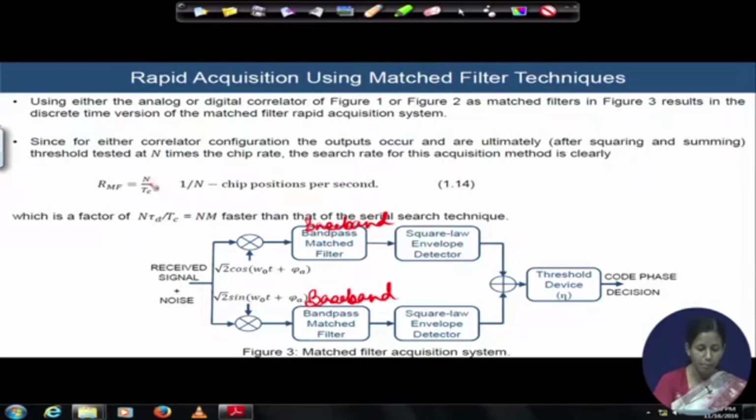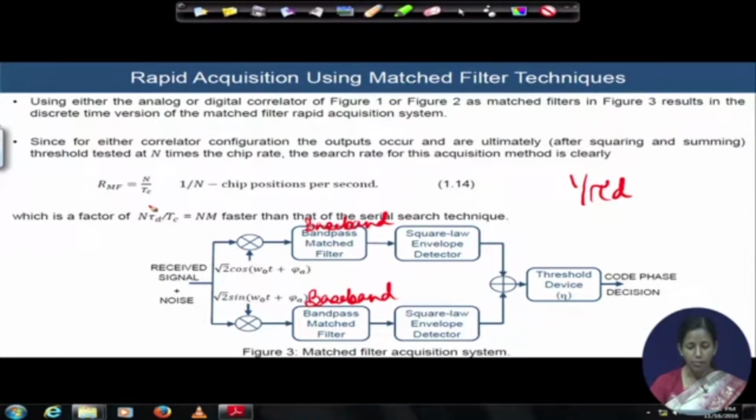Now, this N by capital Tc, and earlier we got 1 by tau d in the normal case. So what is the improvement factor? The improvement factor will be capital N into tau d by Tc. If I compare these two, I am gaining by a factor of capital N into tau d divided by Tc.